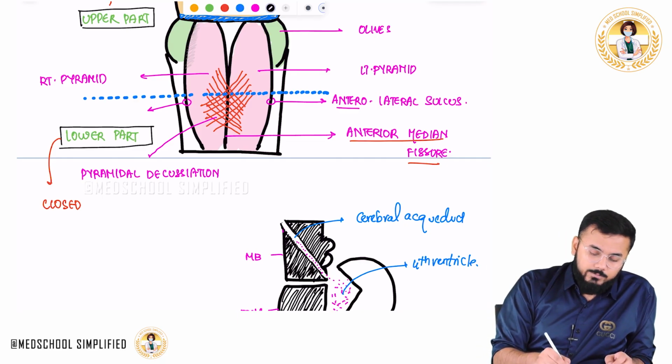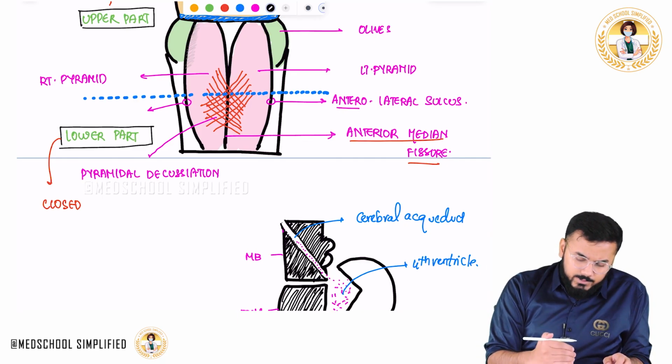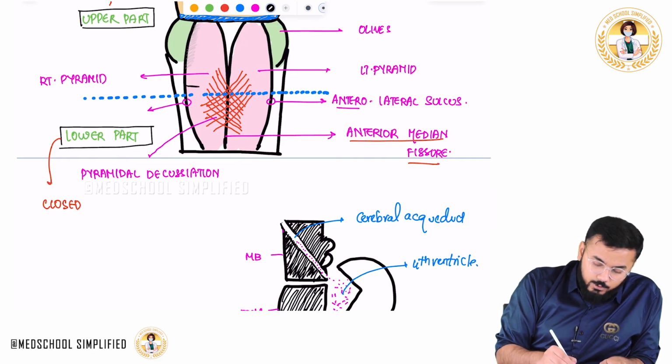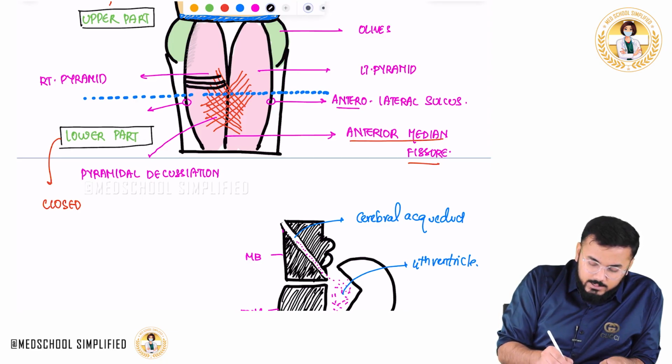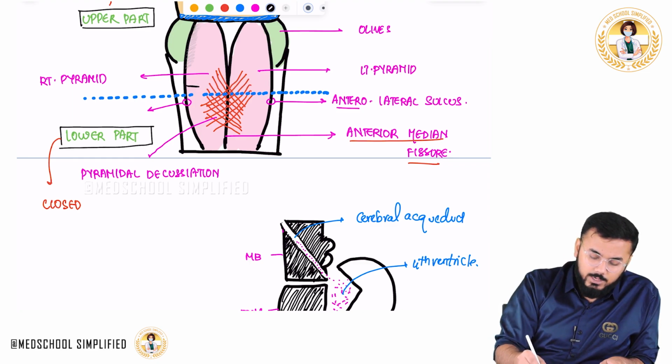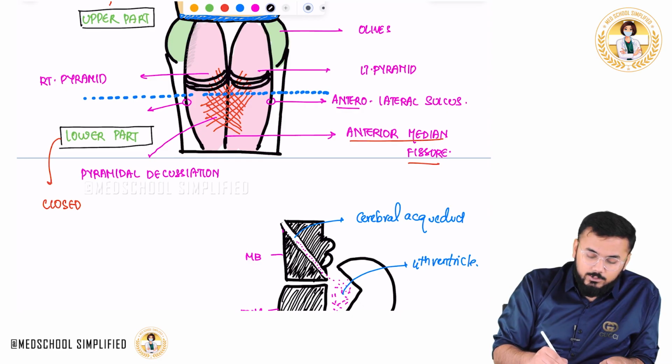And the second important thing is that just above this imaginary line, you can see fibers that are running like this on both sides. These fibers are arc shaped, well, not exactly arc shaped. Let me draw them in an arc shape like this. You see, these are arc shaped fibers running like this on both sides of the pyramids, right?